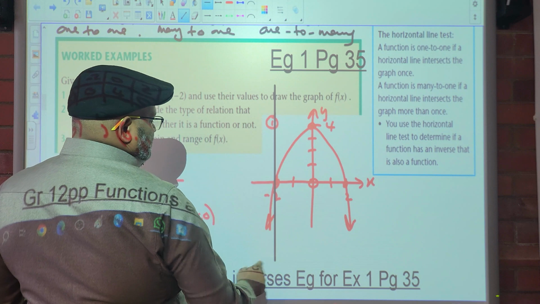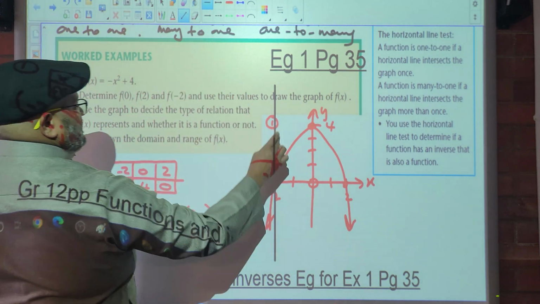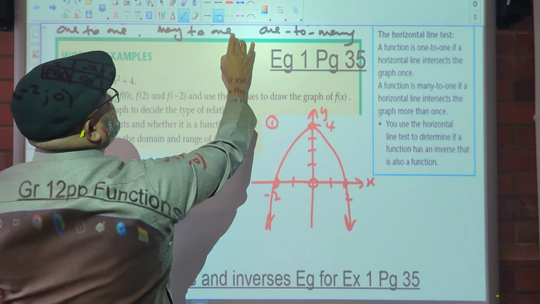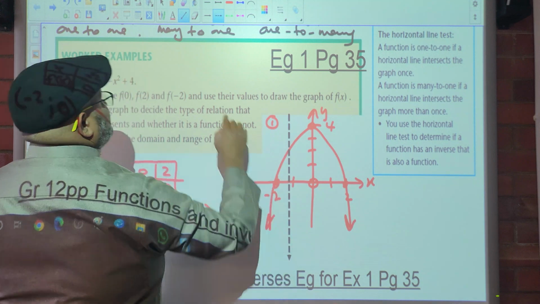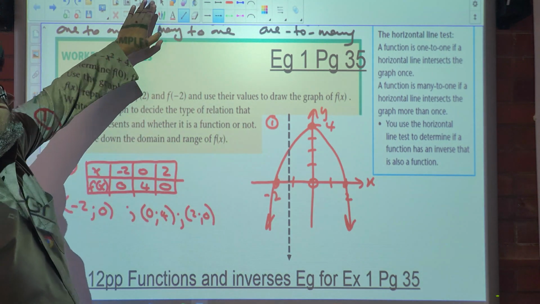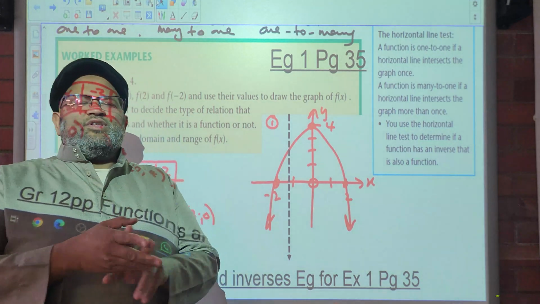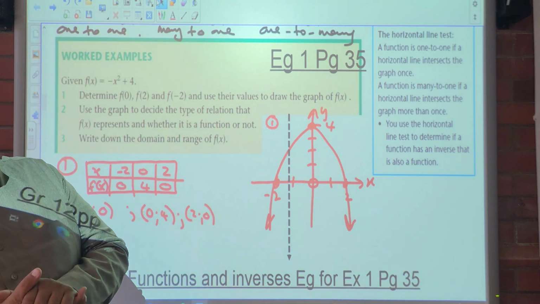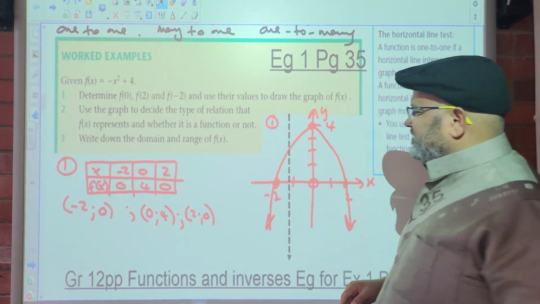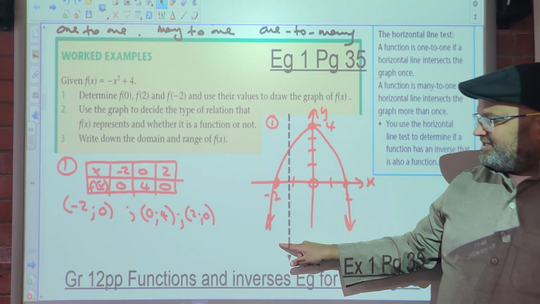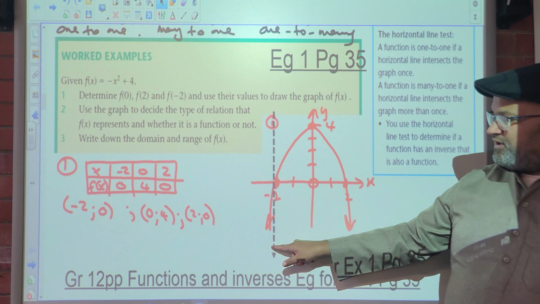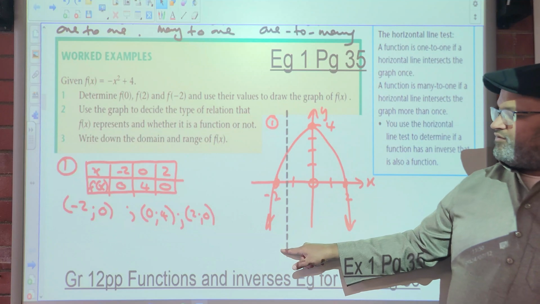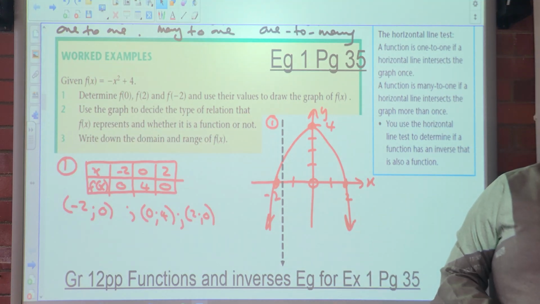When we read through the notes, we said there are many ways to check if something is a function. But the easiest way to check if something is a function is by using the vertical line test. So if the graph cuts the vertical line at one point only anywhere along the curve, then it's considered to be a function.